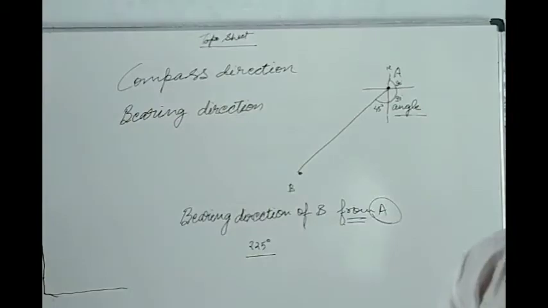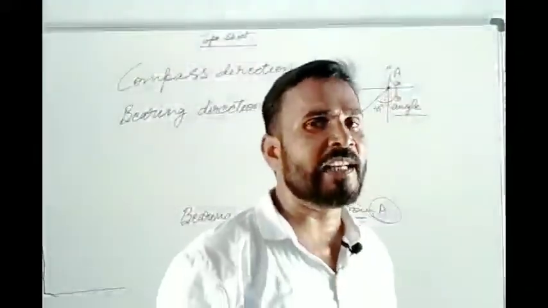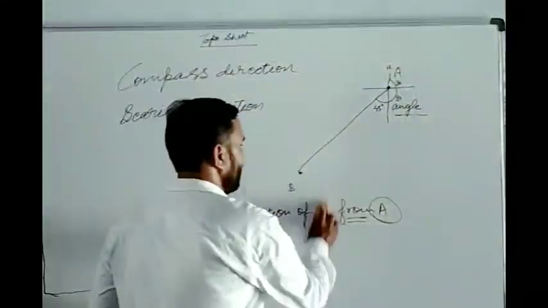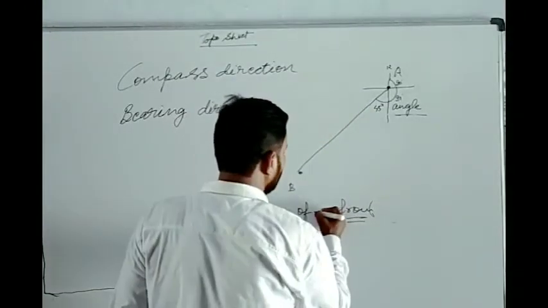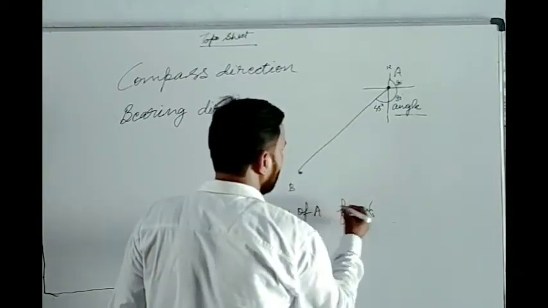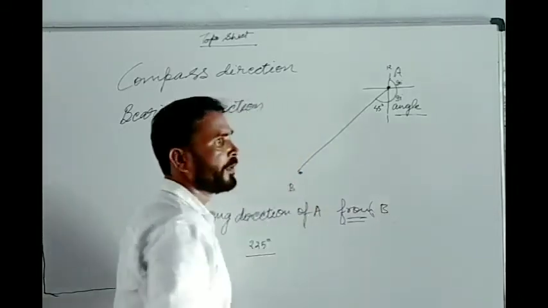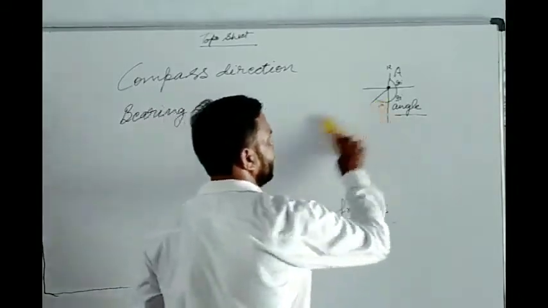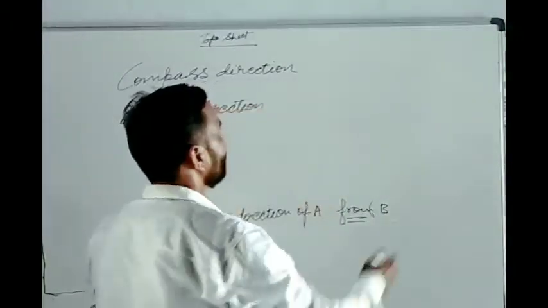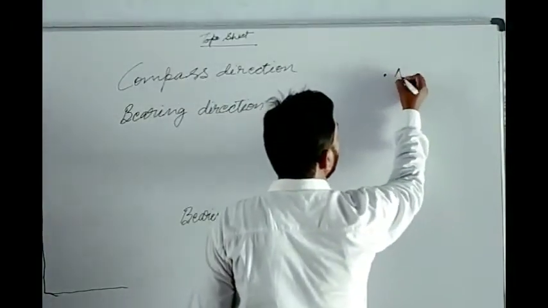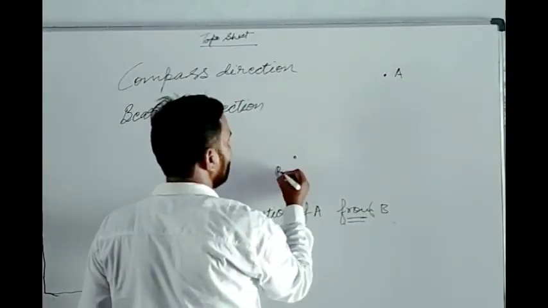Suppose in place of this, the question is just opposite, meaning here B is given and here A is given, bearing of A from point B. If a question is given like this, then what we will do, we will place A here and B here.